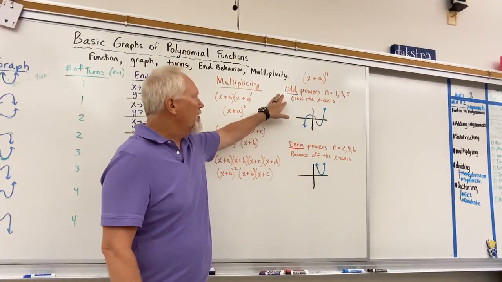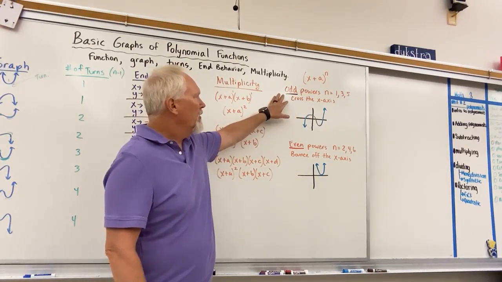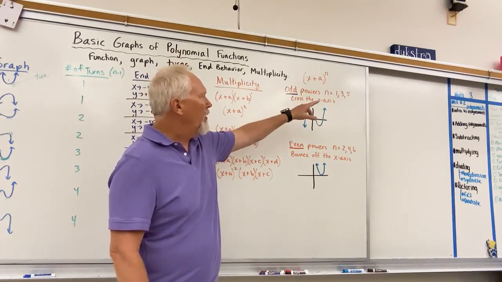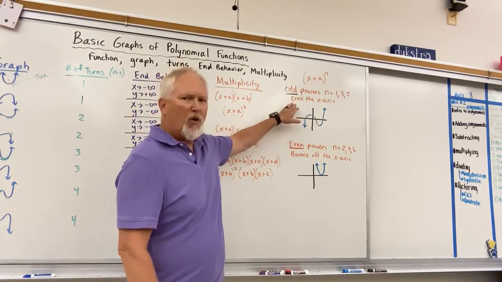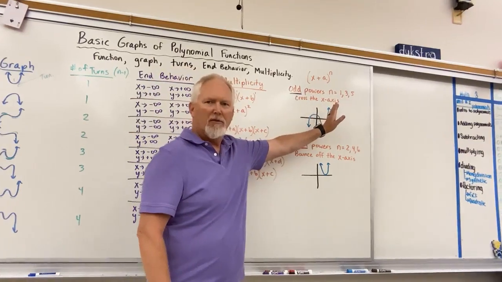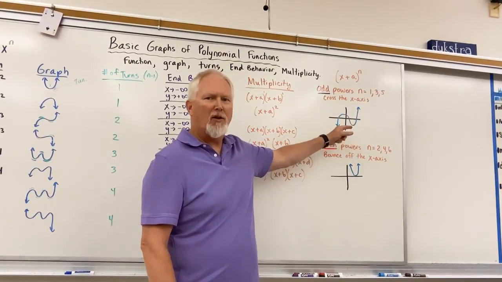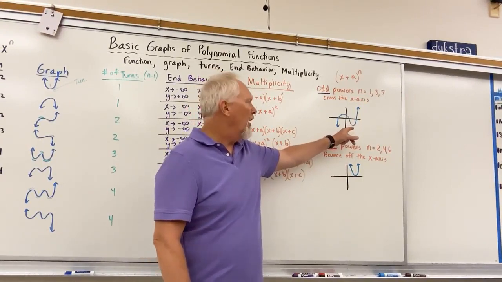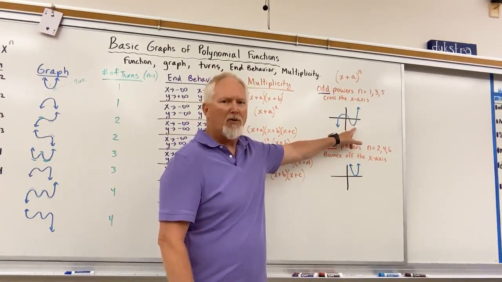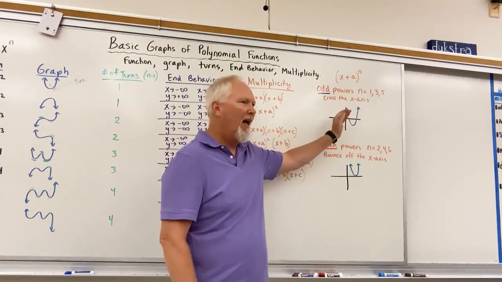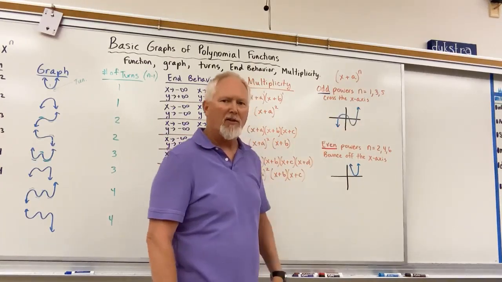So if you notice, odd powers, right, n equals 1, 3, and 5, they're going to cross the x-axis, okay? Now, I have a cubic represented here, but that doesn't necessarily mean that one of those turns doesn't bounce off. I'm just showing you, representing how it crosses through the x-axis.